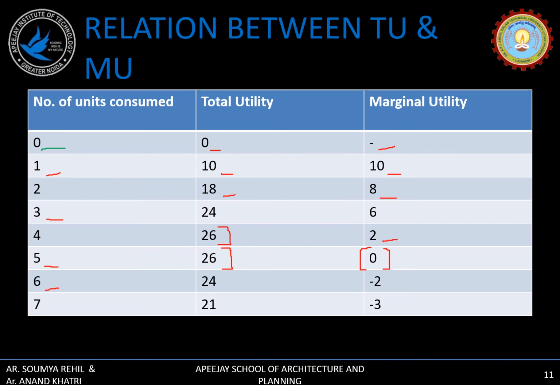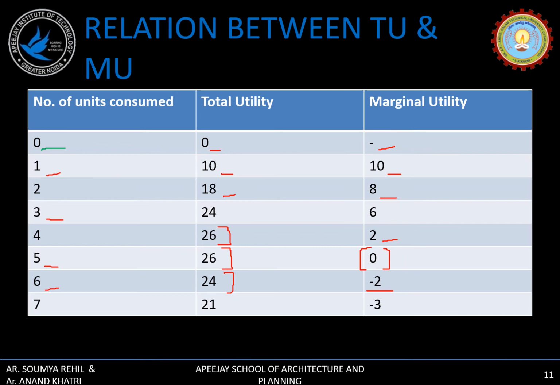Your total utility for chapati has become 24 and your marginal utility has become 24 minus 26, which is minus 2. See how marginal utility has gone to 0 and then negative.